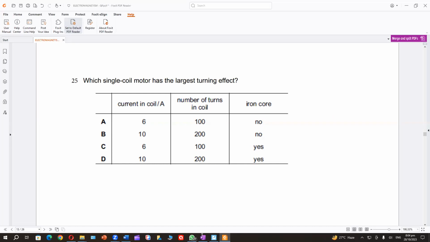I got one answer, D, but what about other people? Single coil motor has the largest turning effect. Current in the coil 10, highest current. Number of turns highest, 200. Iron core, yes. D is the right answer.